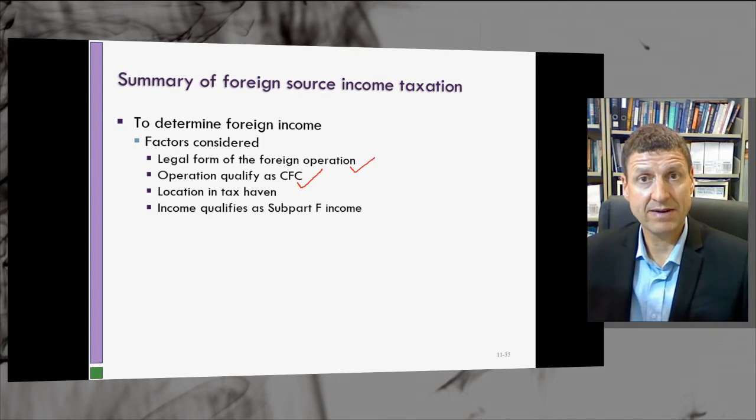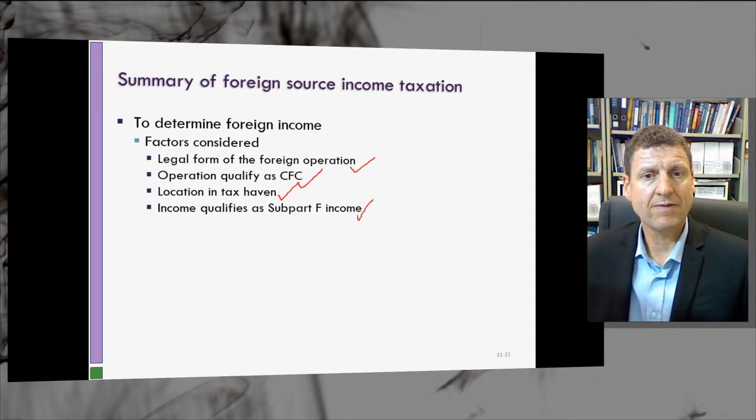If it's involved in manufacturing, it's likely you are there to take advantage of labor, to take advantage of other economically legitimate opportunities. The location being in a tax haven, as we saw in that example with Singapore and Costa Rica, will ring some alarm bells. Keep that in mind.